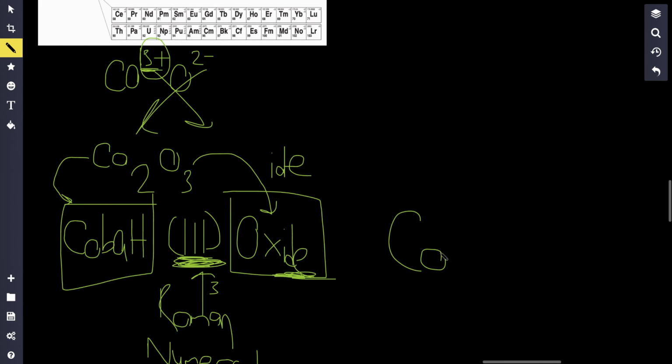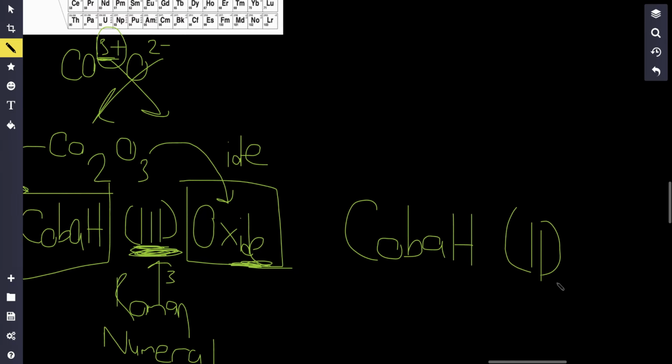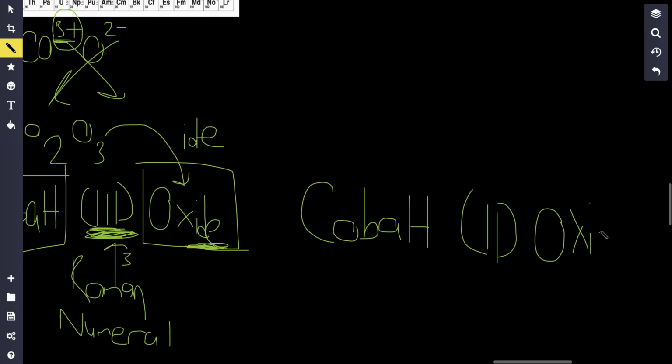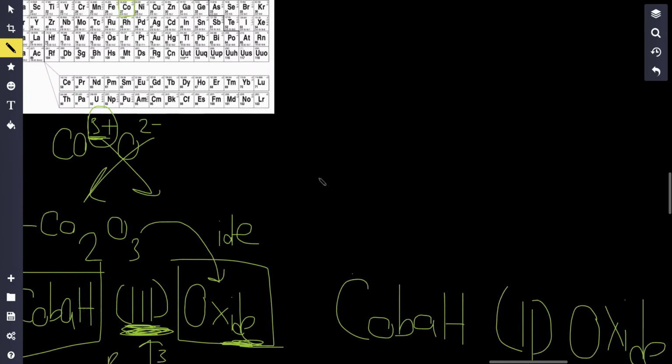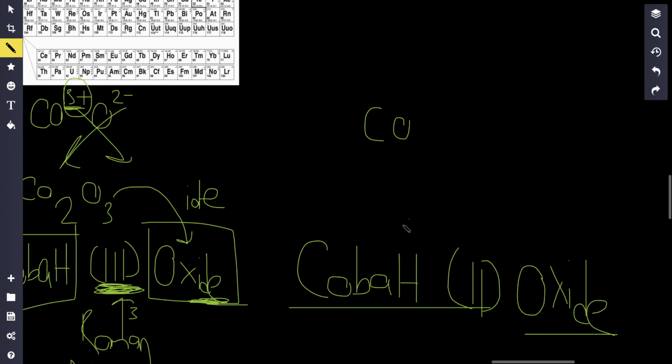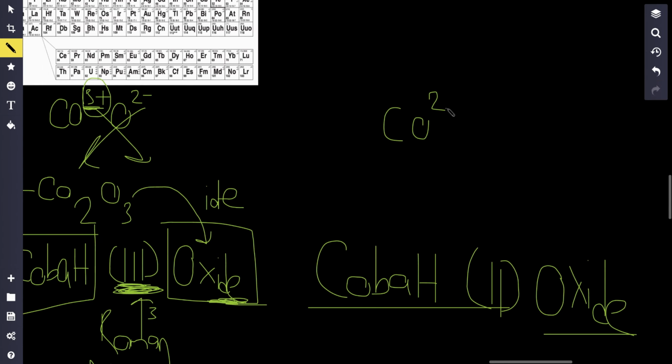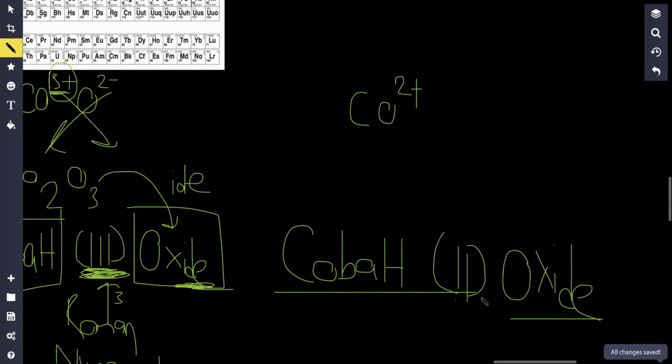Let's say we were to have cobalt 2 oxide. This would look a little bit different. Cobalt 2 oxide implies that we're dealing with a cobalt that wants to lose 2 valence electrons.